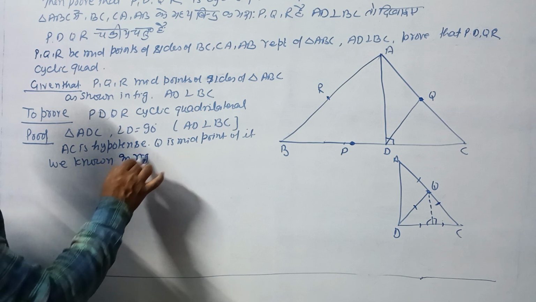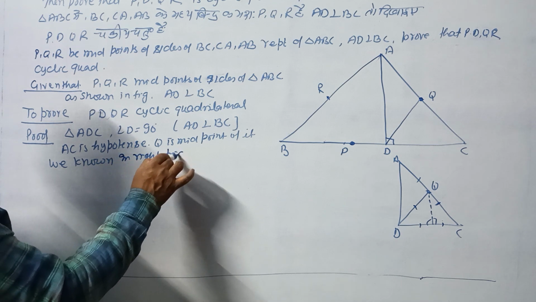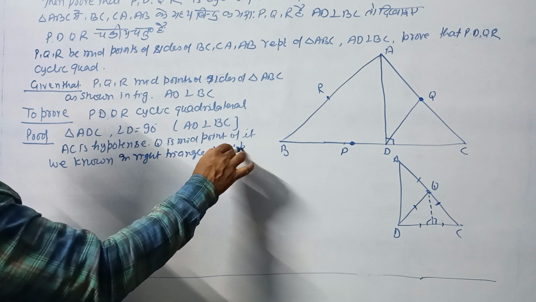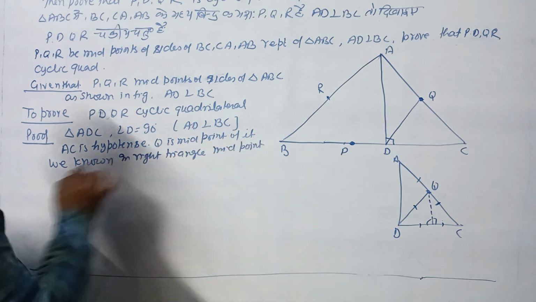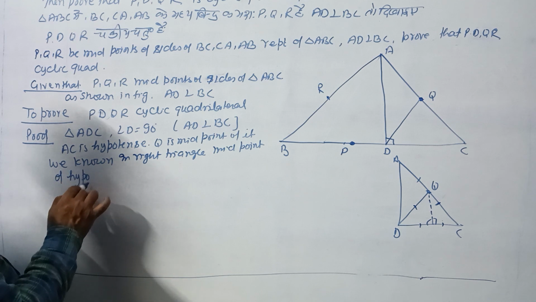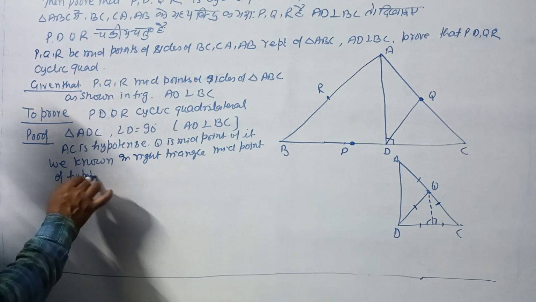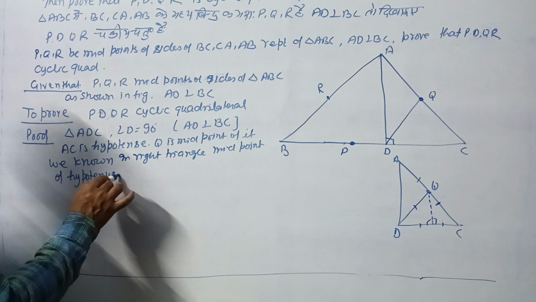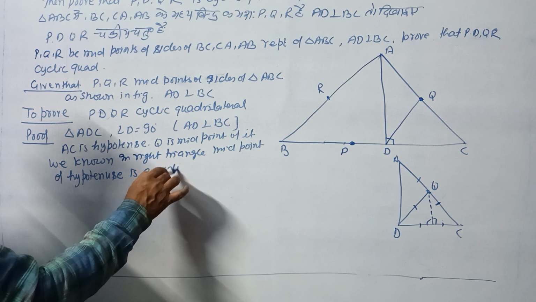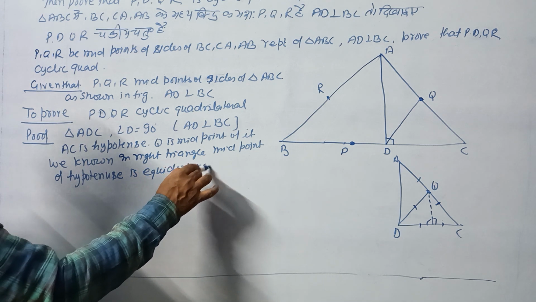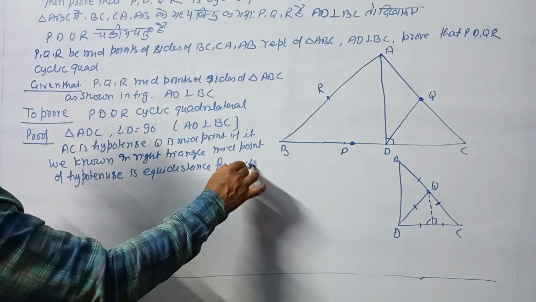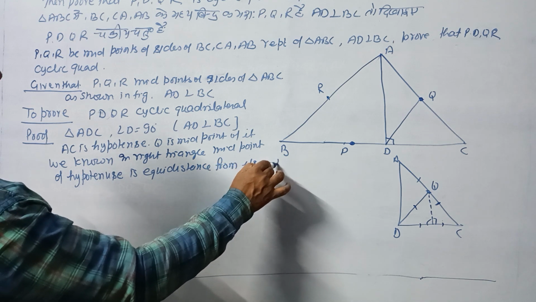In a right triangle, the midpoint of the hypotenuse is equidistant from its vertices.